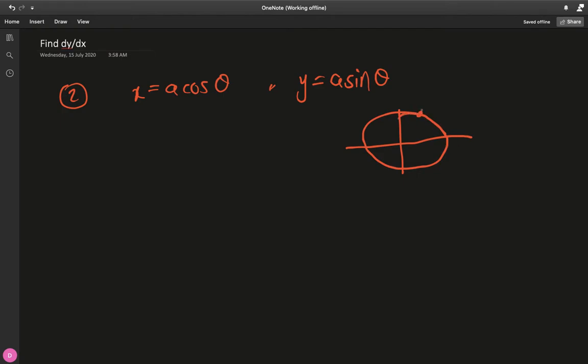So any point can be expressed as a cosine theta and a sine theta, and for a circle, theta should go from 0 to 2 pi if you are talking about principal angles, but we can have 4 pi, or so basically the rotation goes on, and anti-clockwise sense, because angles are measured in anti-clockwise sense.